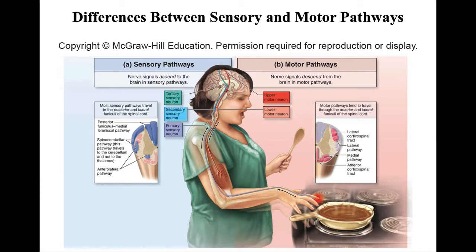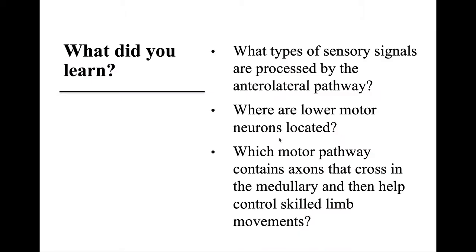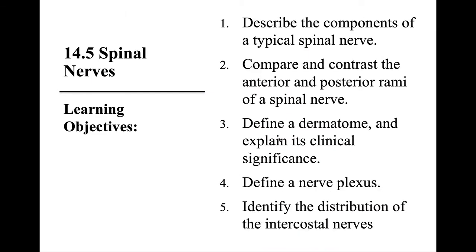The primary neuron, or the first order neuron. Then we have our secondary or second order neuron, and then our third order neuron on the way up, because this is sensory. Then on the way down, for that person to remove their hand from the hot plate, the motor neuron pathway will be upper motor neuron and lower motor neuron. Okay, next slide.